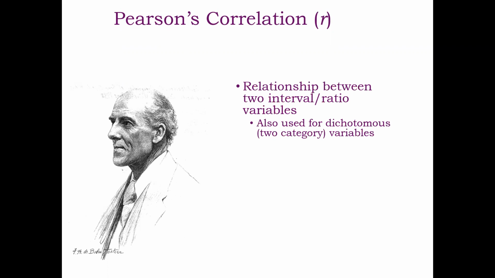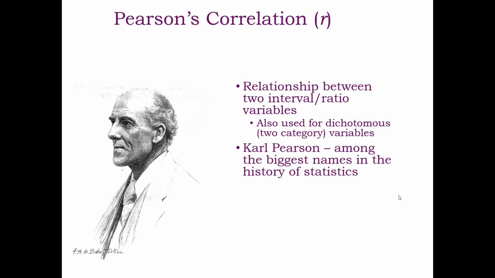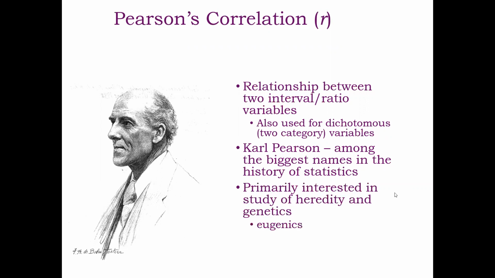It can also be used for dichotomous or two-category variables, but we're going to focus on interval ratio variables here. Karl Pearson is an important statistician, one of the biggest names in the history of statistics, okay? He was very much interested in the study of heredity and genetics. We talked about before, a lot of early statisticians were interested in plant genetics, right? But he also had some less appealing traits as far as eugenics, right?